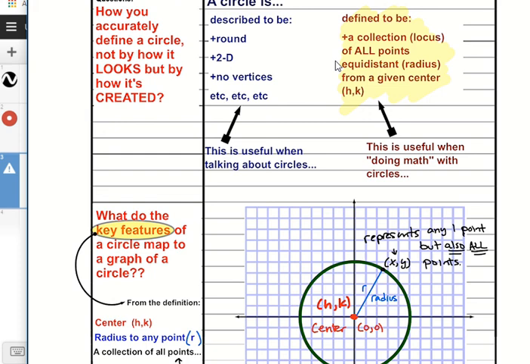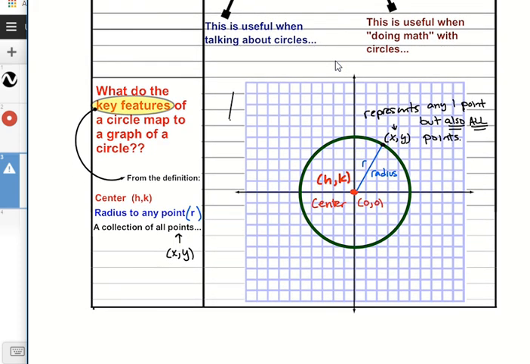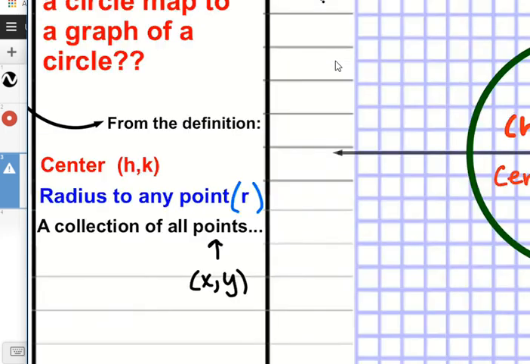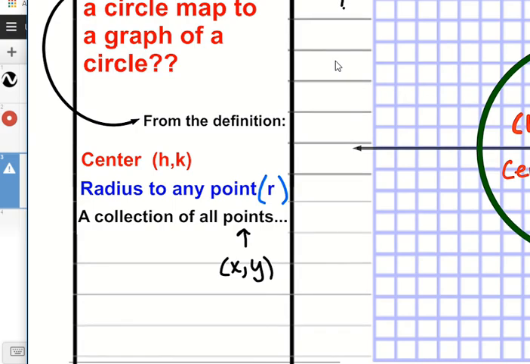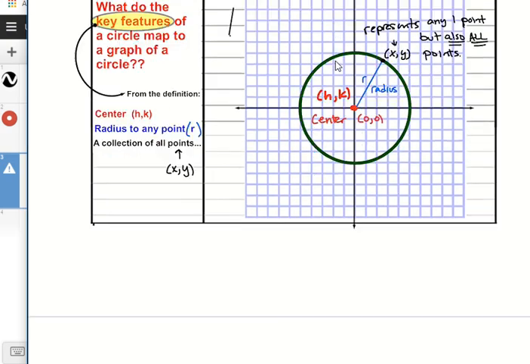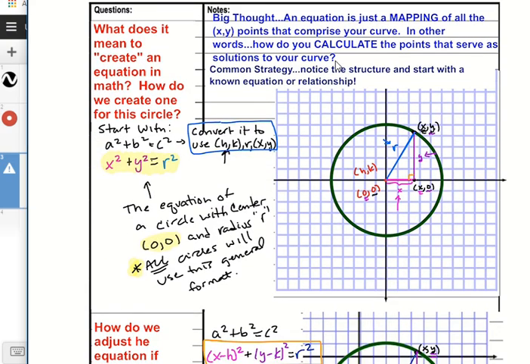If you think about how algebra equations just map all the x and y's, we can start with a known quantity, so it's really just modeling off the Pythagorean theorem, and then we convert it to use x and y points and then a radius value. We have a couple different forms here, but in the end, we end up with two equations.